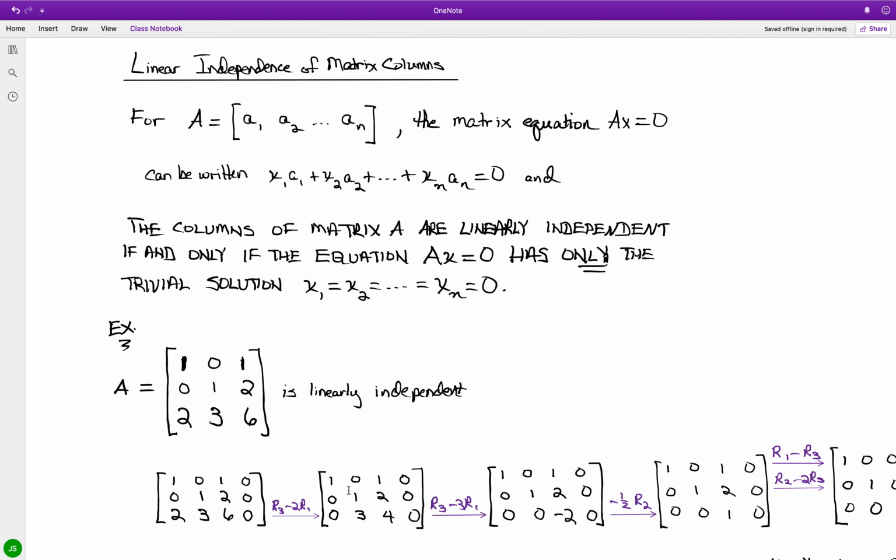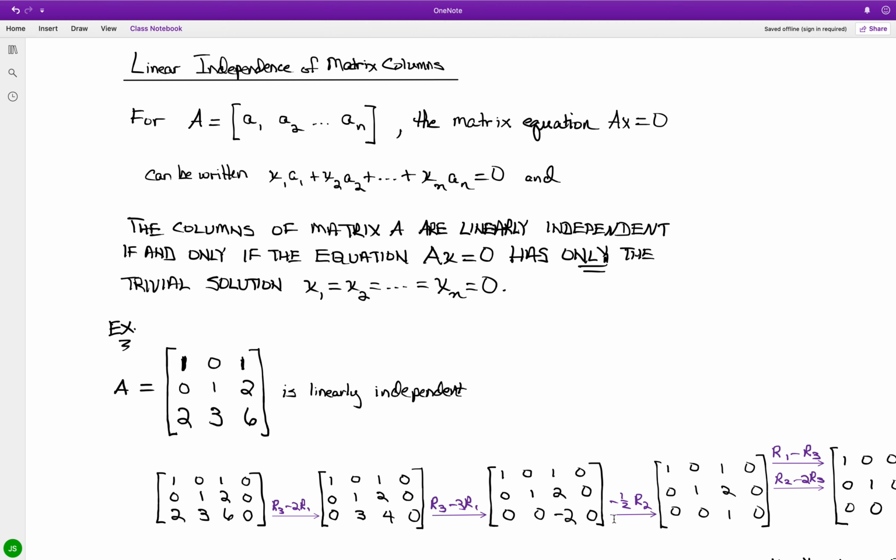The next pivot position is the 1 in the second row, and if I make the bottom number 0, I have R3 minus 3R2, and we come out to 0, 0, negative 2, 0. The negative 2 is in the third pivot position, and to convert this to 1, I take negative 1/2 of the last row.